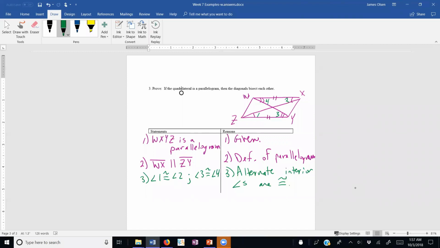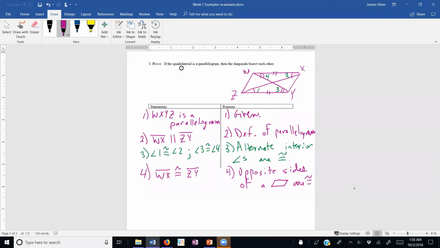So we have 2 angles congruent. Now we need to have the sides congruent. Segment WX is congruent to segment ZY because opposite sides of a parallelogram are congruent.